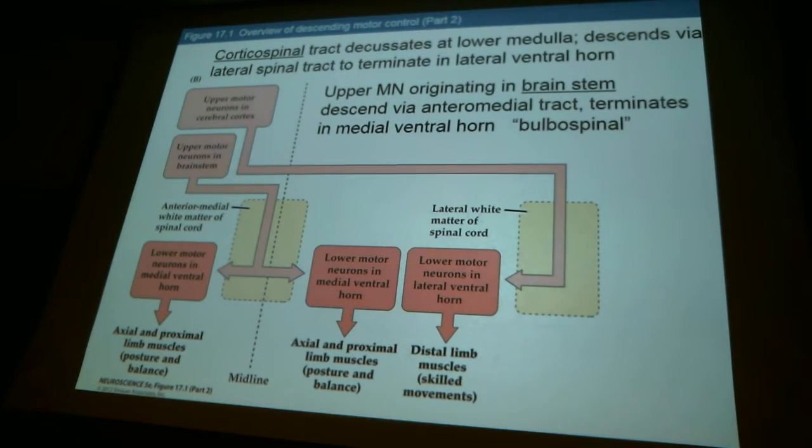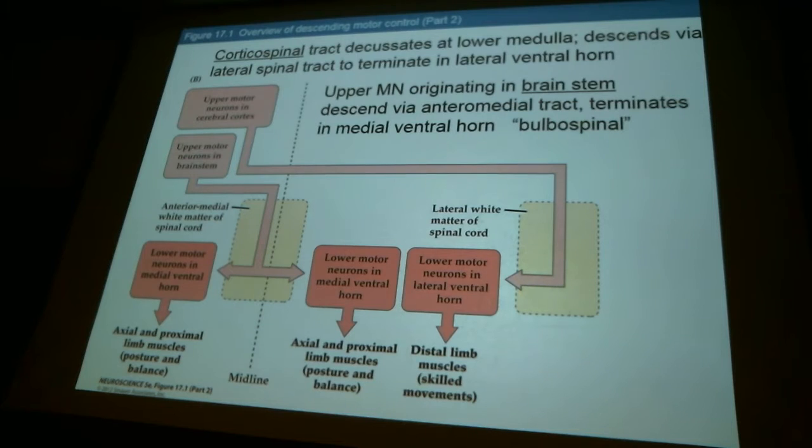So if we draw, and there'll be a slide of this in a minute, a really terrible picture of the spinal cord. This is dorsal. And there's neuropil in the middle, sort of butterfly looking.